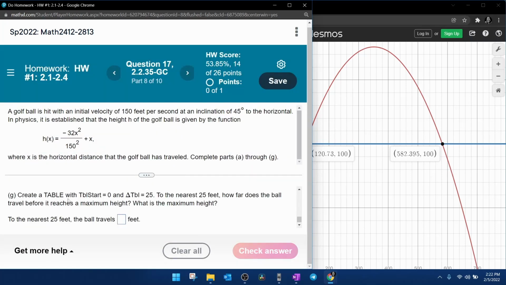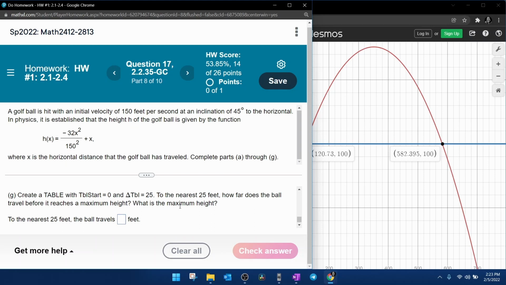And then it says create a table with the table start equals 0. I think this is referring to a TI-83 or an 84 graphing calculator. To the nearest 25 feet, how far does the ball travel before it reaches a maximum height?